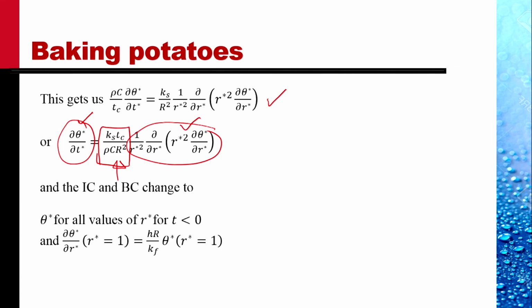The initial and the boundary condition change to theta star for all values of R star is 0 at time t equal to 0, and the convective boundary condition becomes del theta star by del R star is equal to hR by Kf into theta star at R star equal to 1.